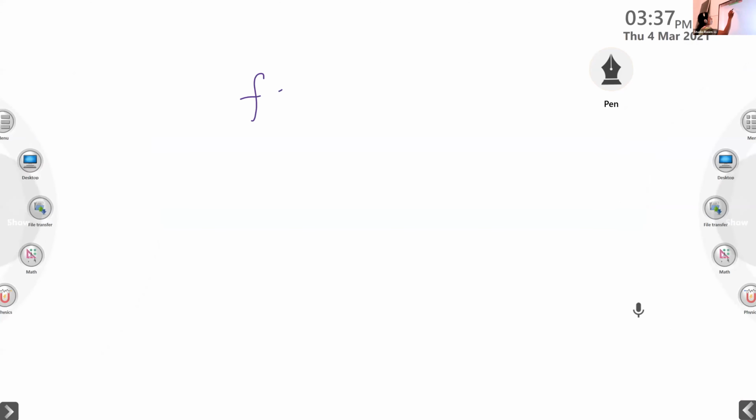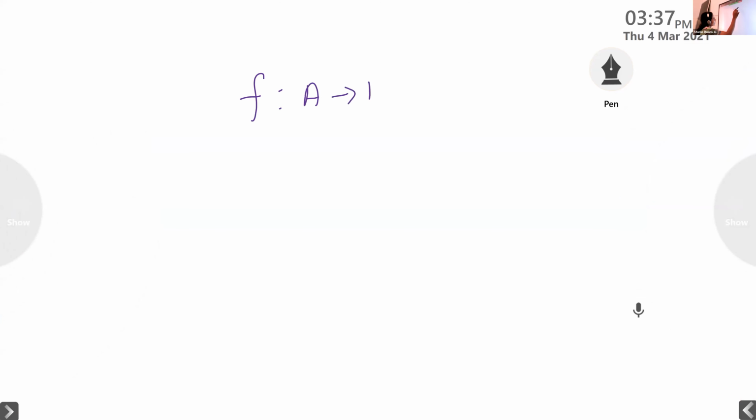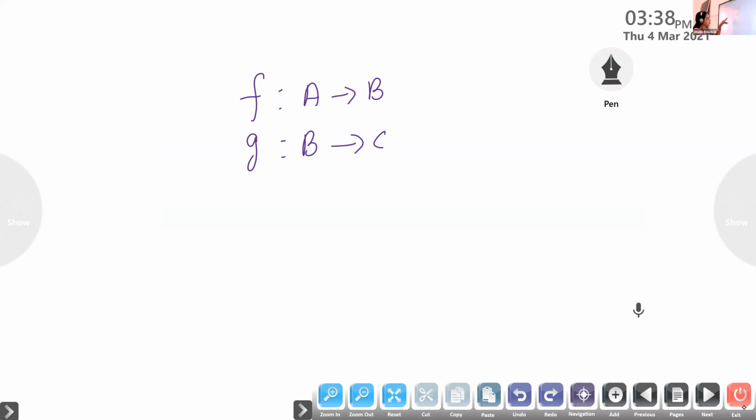So now listen, children. Suppose f is a function from A to B, and g is a function from B to C. This point you have to note carefully. f is a function from A to B. So look at the second function g.